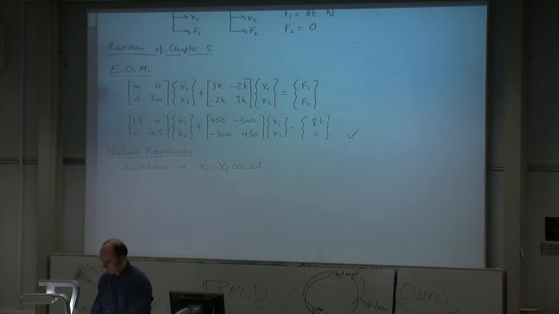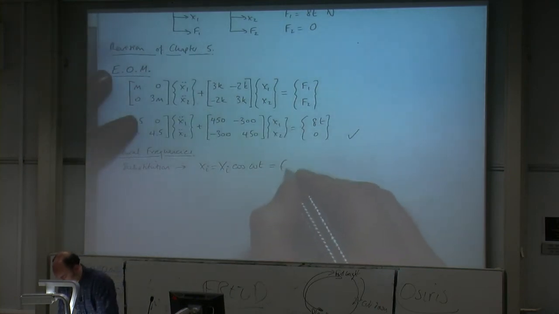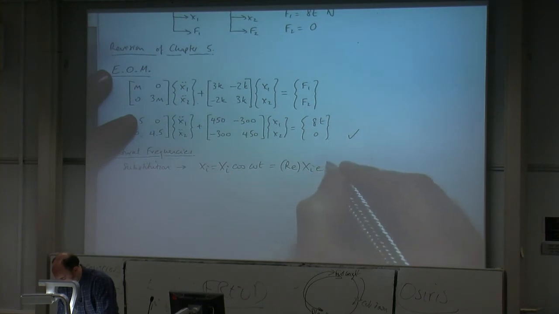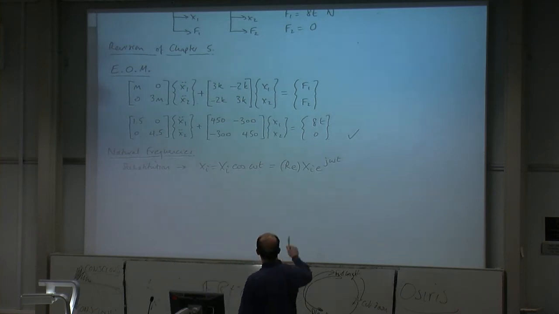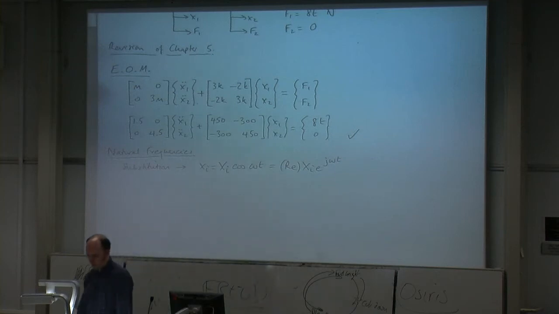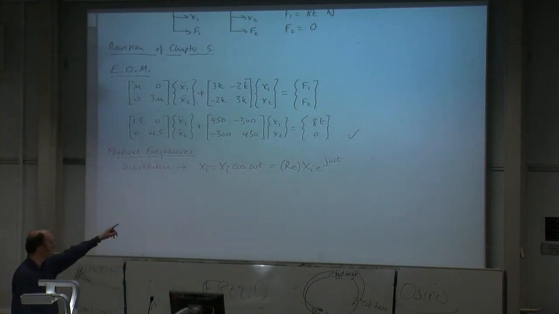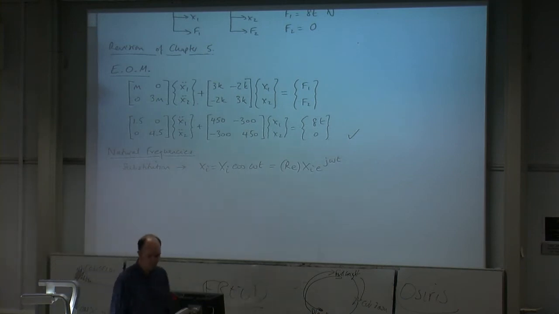Or equally, we could make the substitution that that's going to be the real part of big Xi e^(j omega t). Because if you remember way back in chapter 2, we discussed how the real part of a complex exponential is cosine of omega t, okay?